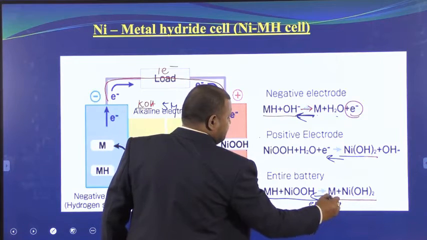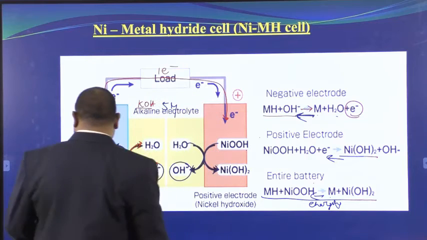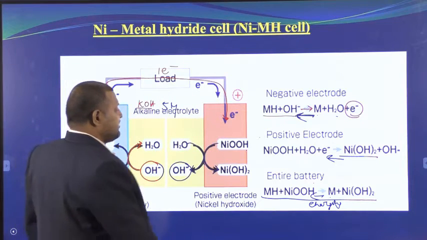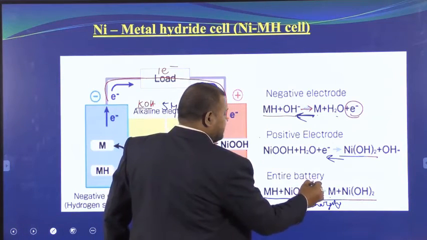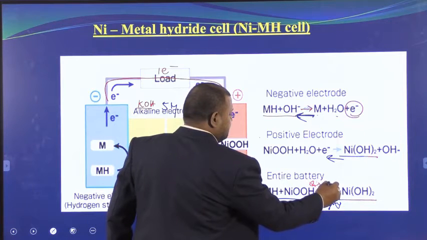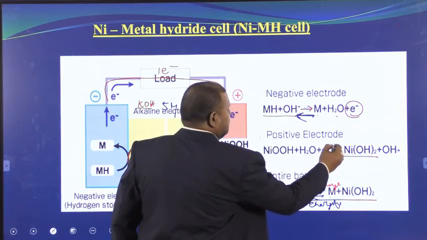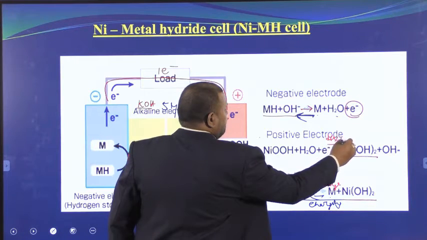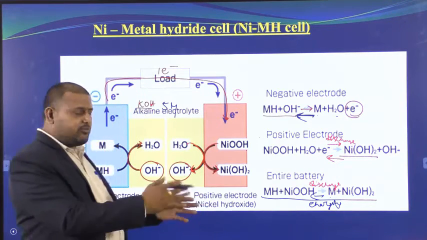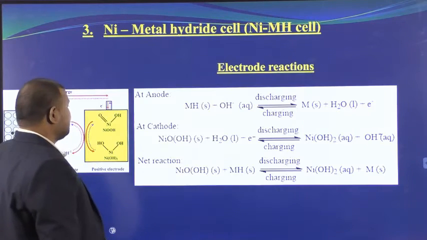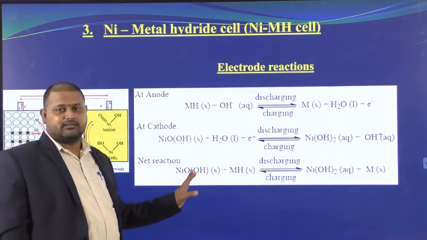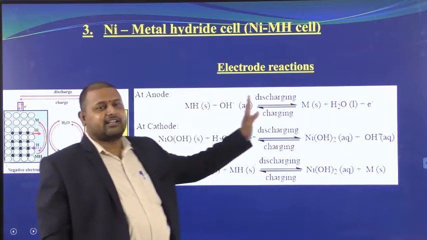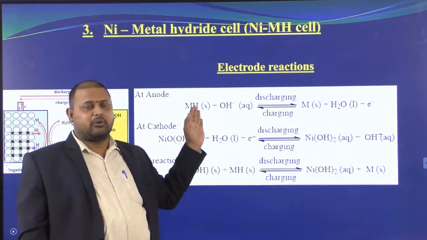This is charging, and this will be the discharging reactions. This one is discharge. I will combine both of them and show you in the next slide, like this. Simple. If you write one, the other one is just a reversal of the arrow.